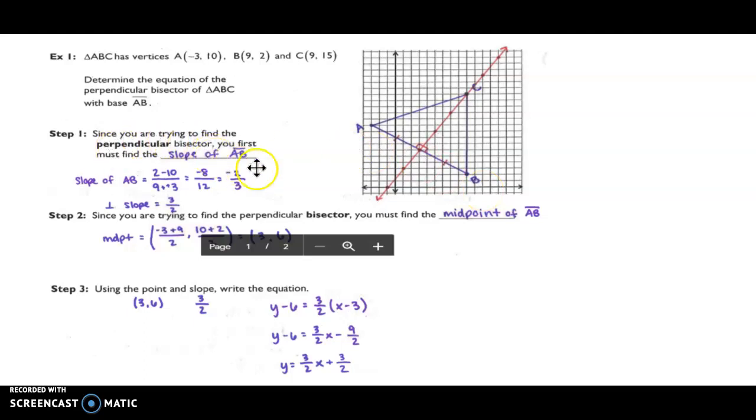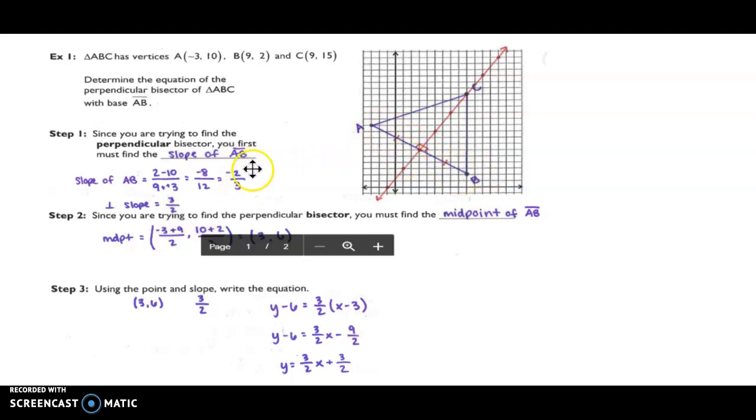So in step one, we figure out the slope of AB. We have to remember the slope formula, y2 minus y1 over x2 minus x1. Be careful of what you're using for x and y's. And so the slope is negative 2/3. Now you have to make sense of these problems.